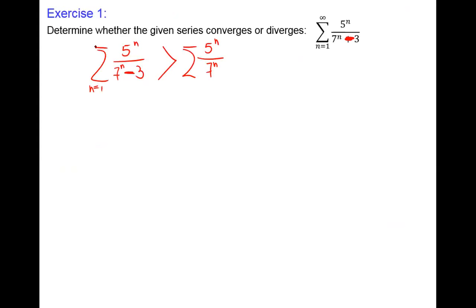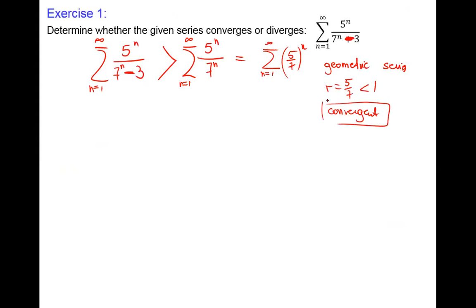Because we did direct comparison a lot, what do we have? We have 5/7 to the power of n. This one is a geometric series with common ratio 5/7, which is less than 1, so it's convergent.